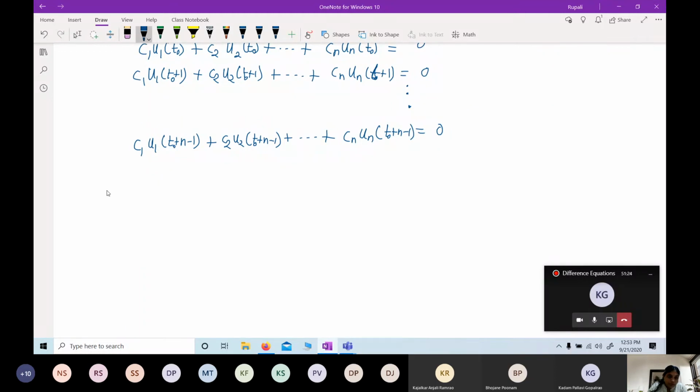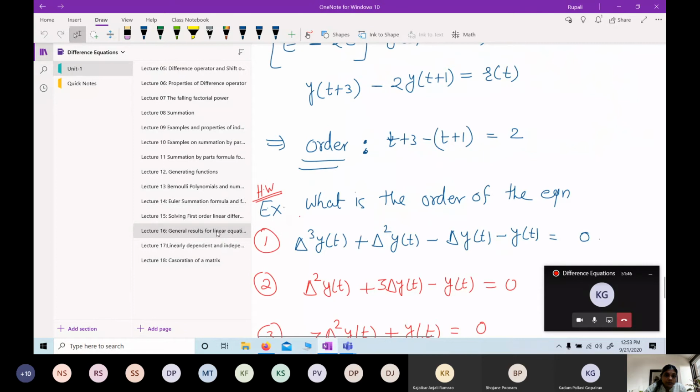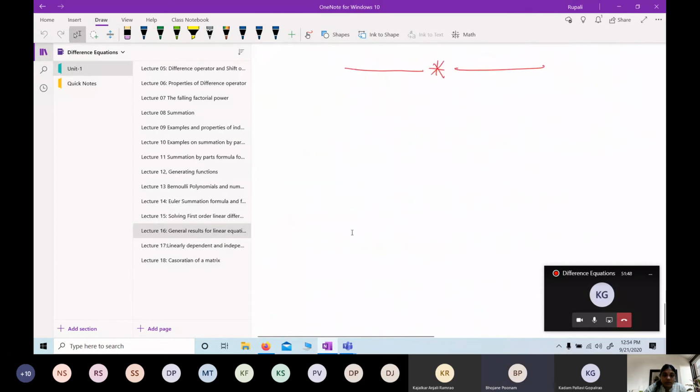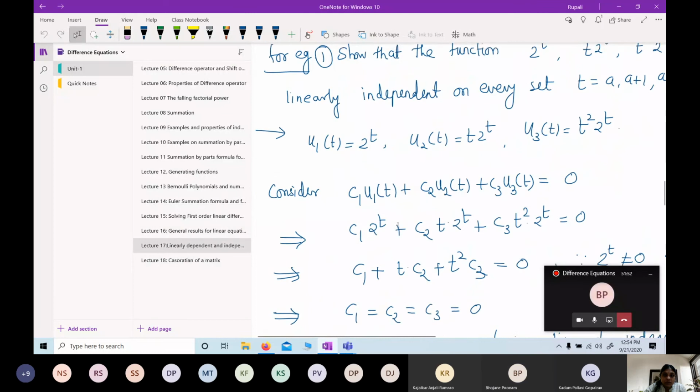From theorem 3.2, we know that the homogeneous equation has exactly one solution.